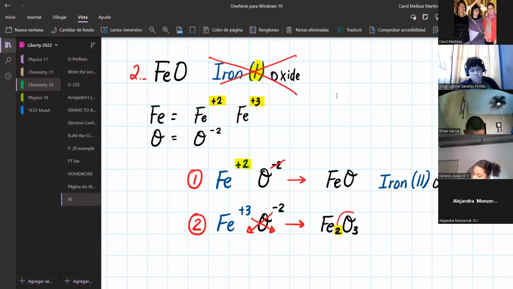The number that tells me the charge of iron is the number after oxygen. The last number is going to tell me the charge of the first one. So this has to be iron 3. And then the name of the anion, that is oxide.